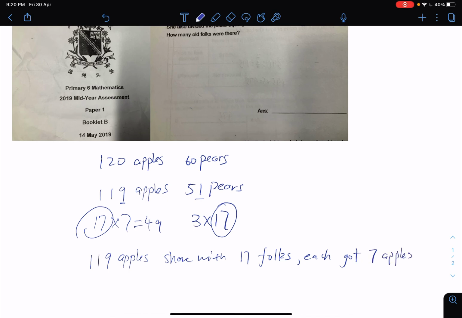Okay, then the 51 pears share with 17 folks and each got 3 pears.